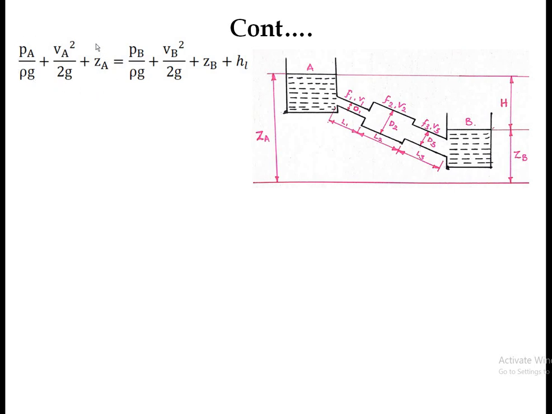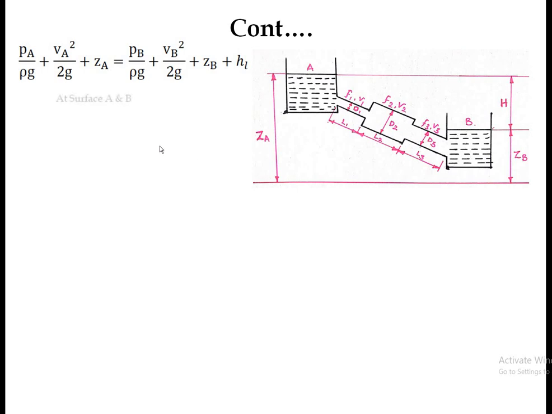This is the total energy available at surface A. Again, this is the total energy available at surface B, plus HL, the head loss taking place when fluid flows from surface A to surface B through these pipes.